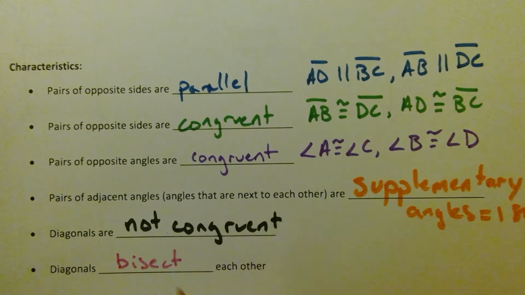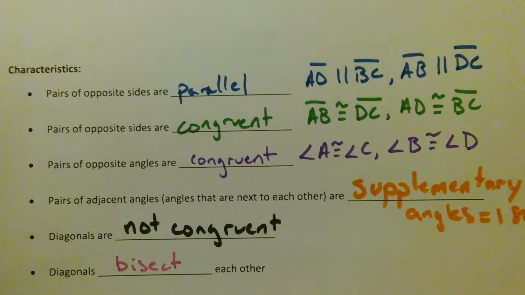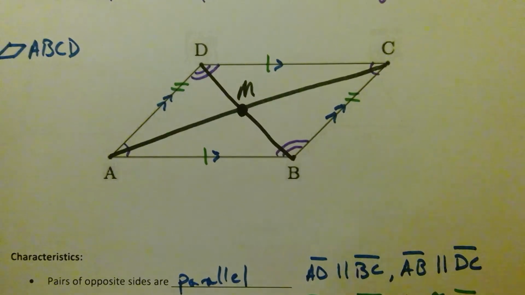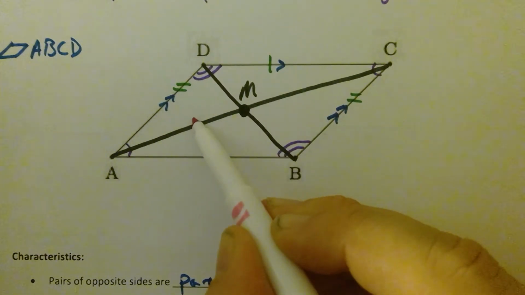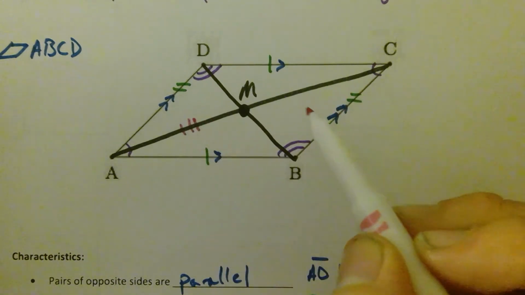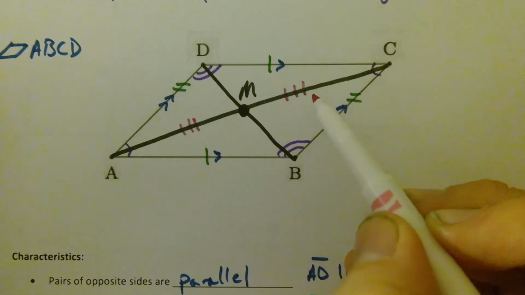Okay? So our last characteristic about our parallelograms is that the diagonals bisect each other. So, we remember what bisect means? Hopefully you chose that bisect means to cut in half. So what that means here is that DB is going to bisect AC, so AM is congruent to MC.